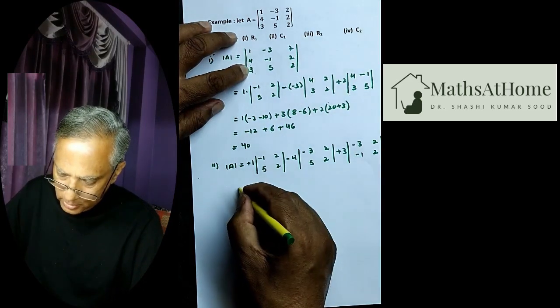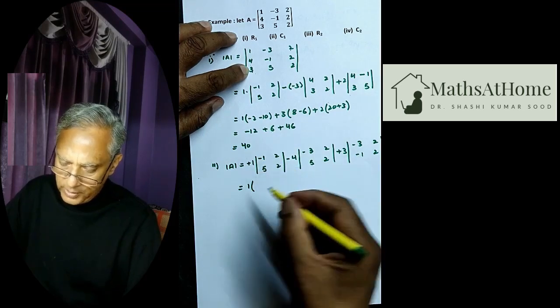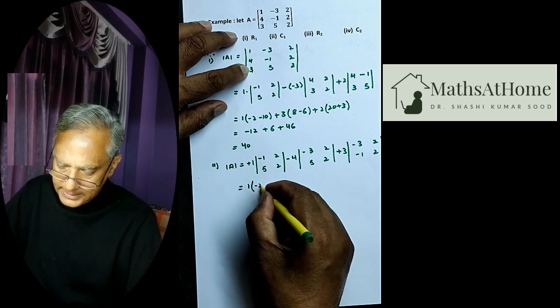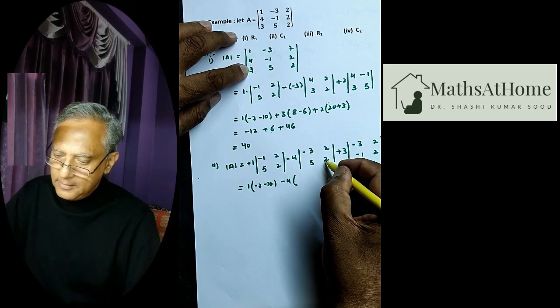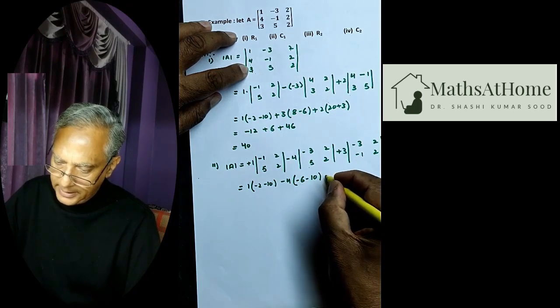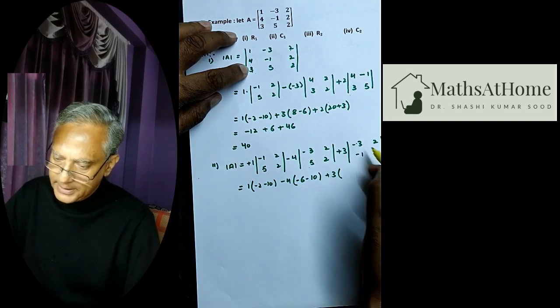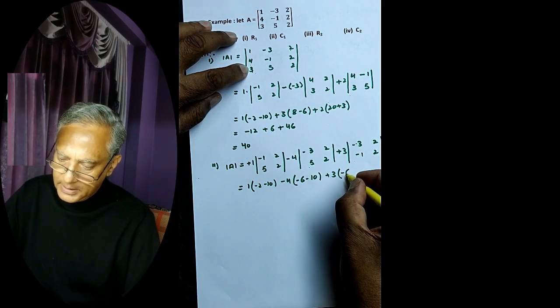So this is equal to 1 into minus 2 minus 10. Minus 4 into, this will be minus 6 minus 10. Plus 3 into this minus this into this, minus 6 plus 2.